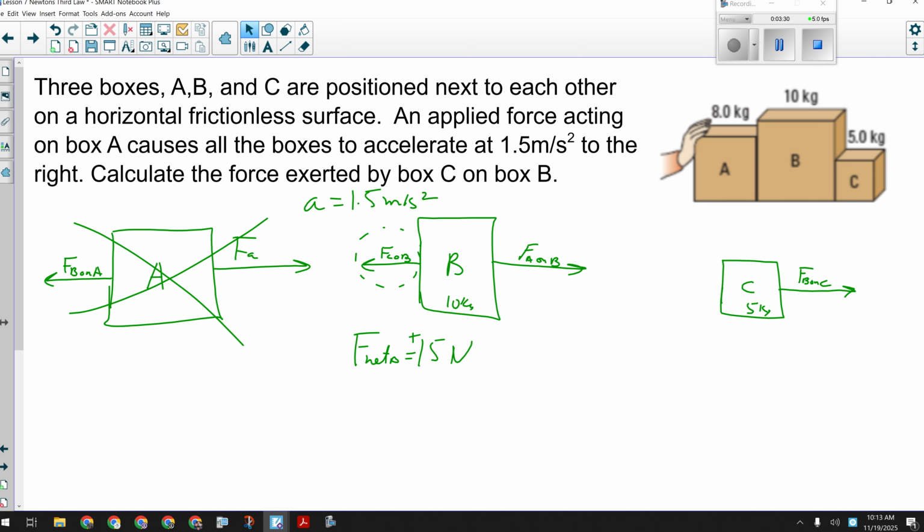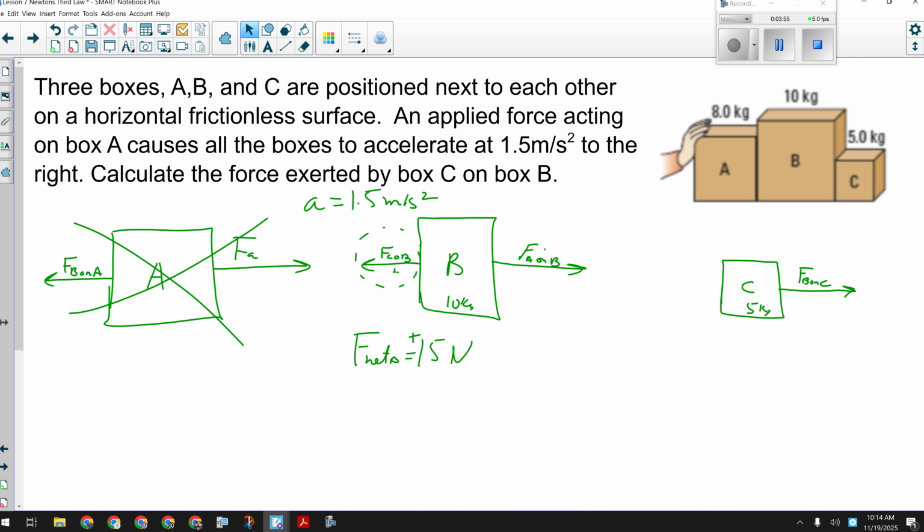That doesn't really help me though. I don't know this force. And obviously, since they want me to find that one, I don't know it either. So I'm really stuck with box B. Because I don't know either of the two forces contributing to the 15 newtons, I can't go any further with box B. So I actually can't find the force the question wants.